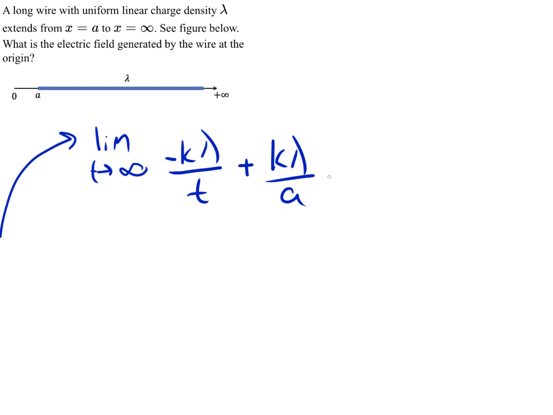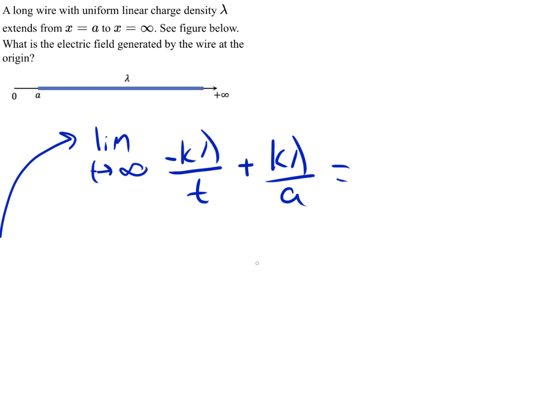Now if we look at this, as t goes to infinity, this would be something like 1 over infinity. If you suppose that these constants are both 1, this would be negative 1 over infinity, which is pretty close to 0, because as you add bigger and bigger numbers, you get smaller and smaller decimal points.